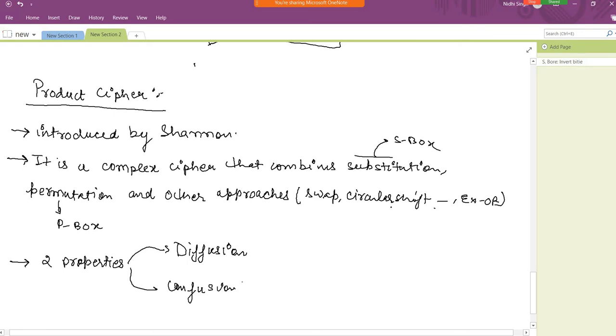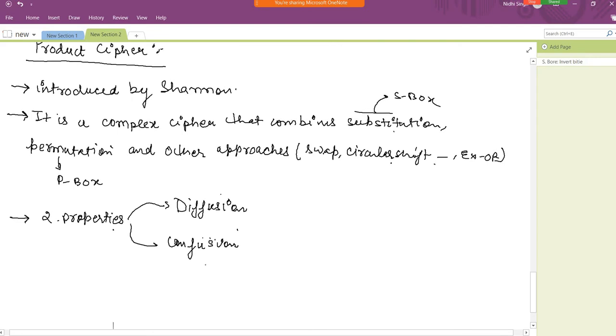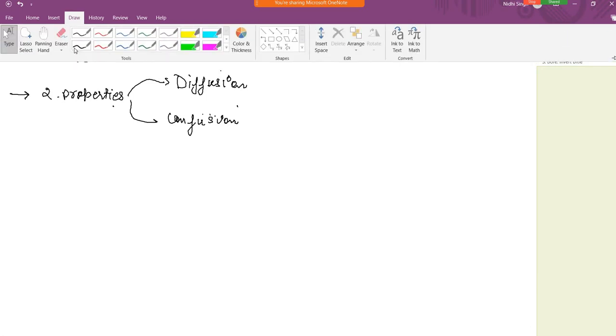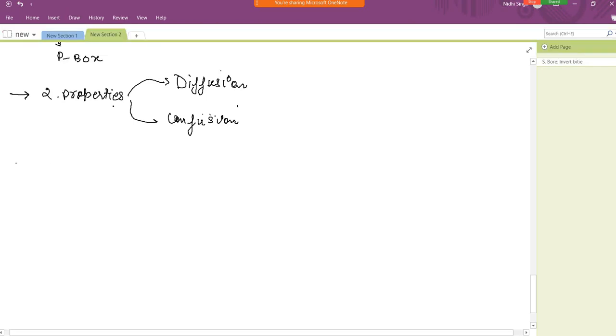So every cryptographic algorithm like DES, AES and RSA has to satisfy these two properties, diffusion and confusion. That's why, in order to satisfy these two properties, it has to combine multiple things like the S box table, P box table and other approaches. So we have to learn what those properties are, like what is diffusion and what is confusion. So let's see.